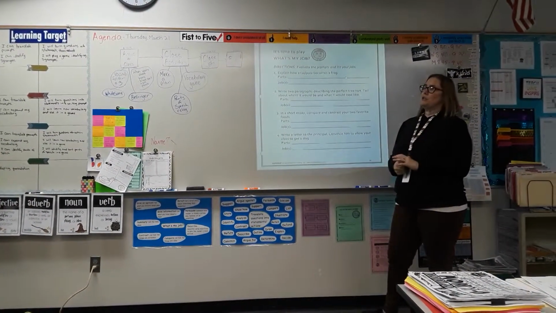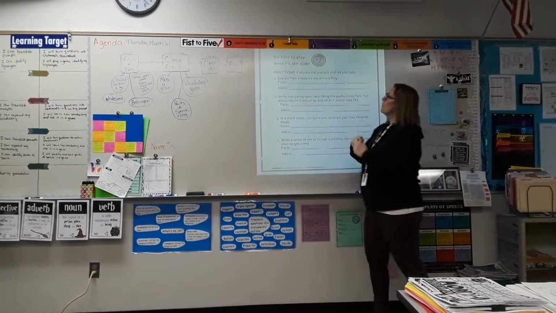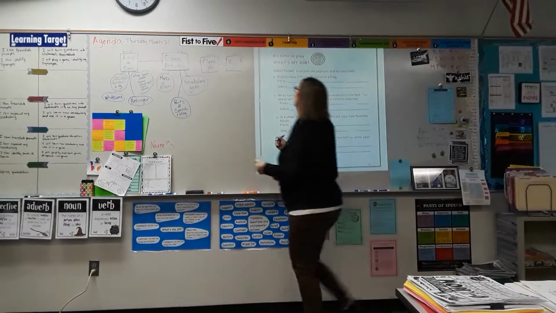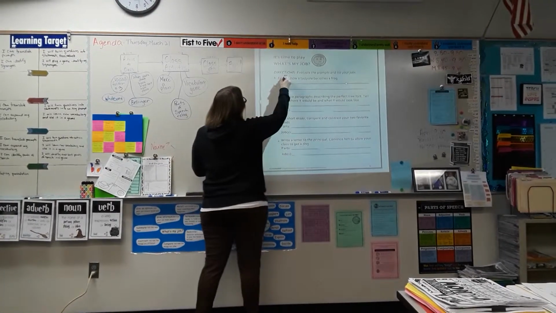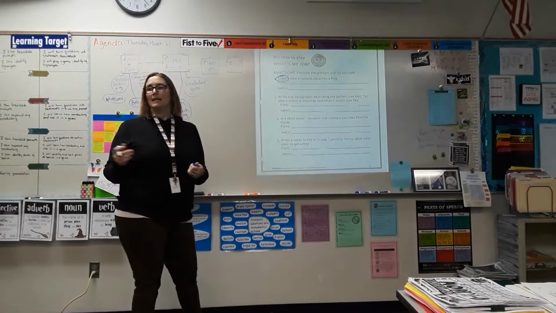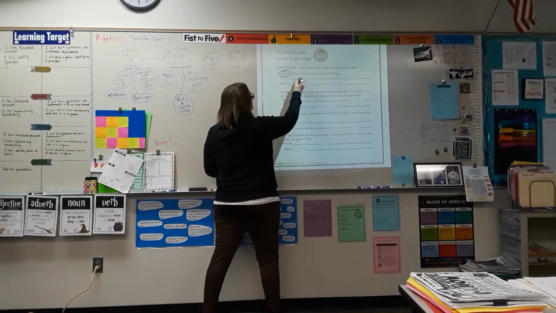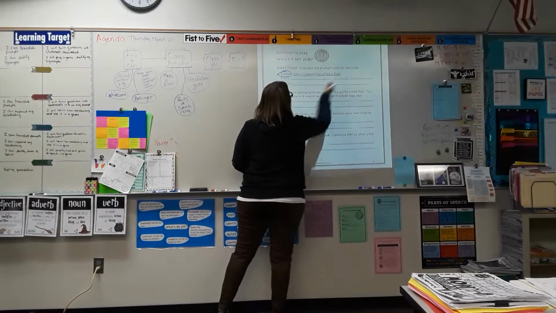So I need to circle the action that they want me to do. So I'm going to circle explain. Underline. They want me to explain. Explain what? How a tadpole becomes a frog.